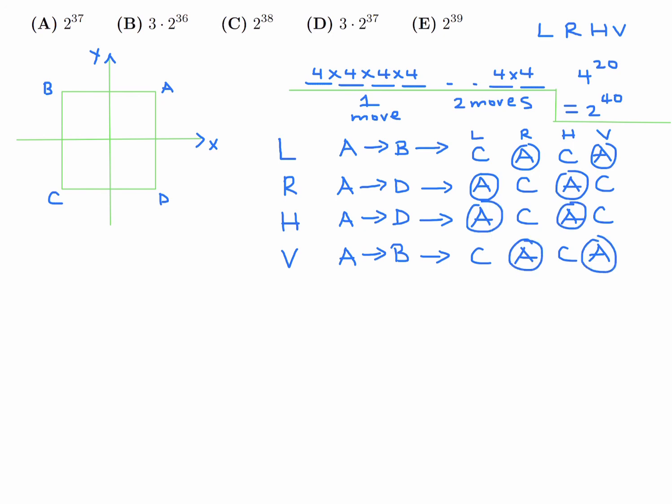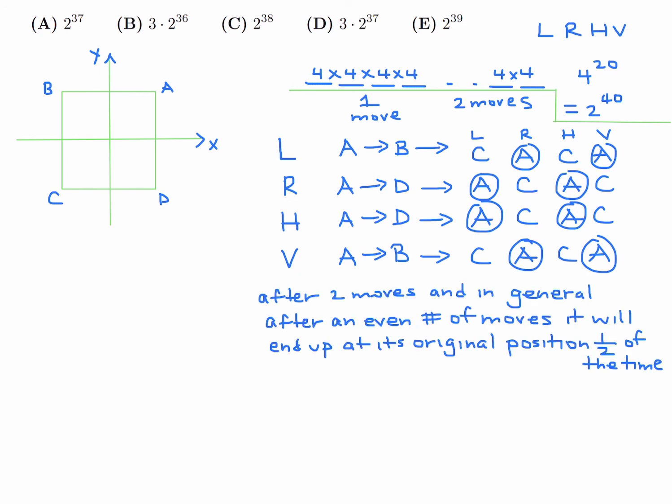There are 16 possible ways it could end up, and in 8 of them it ends up at A. But that's only after two moves. If you keep doing this, you'll notice that in general, after an even number of moves, it will end up at its original position half of the time. Okay, so that is very important.